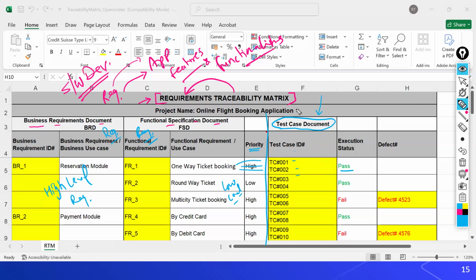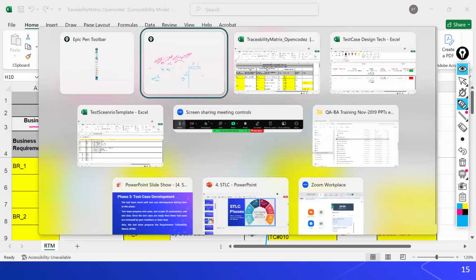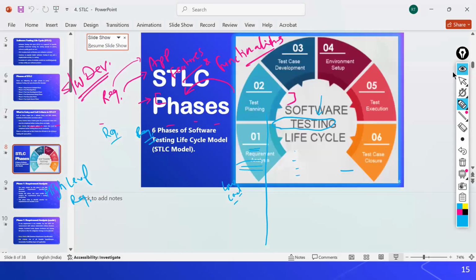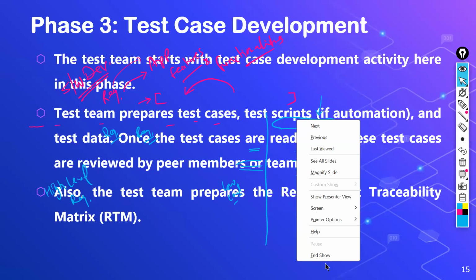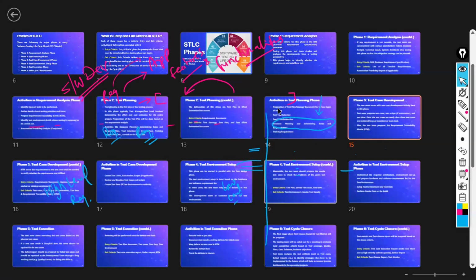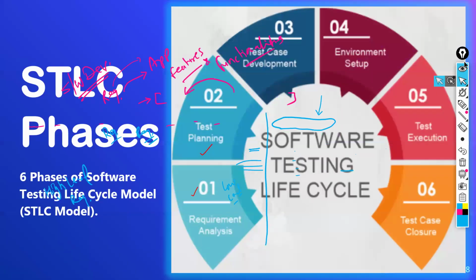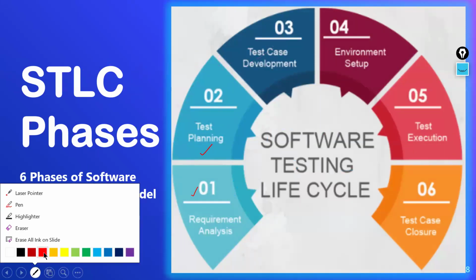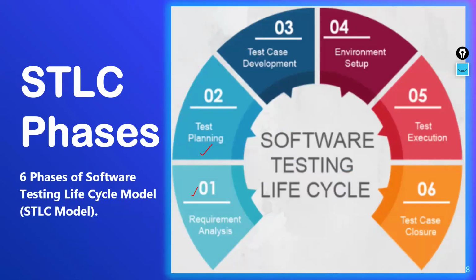So this is not a document which will be all created in one go, no. Because when you look at these, all the phases up in here, this requirement traceability matrix, RTM.